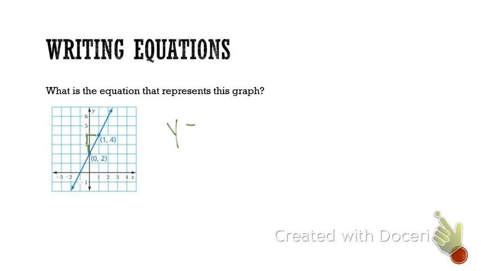So y equals 2 over 1 x, rise over run. And now how could you find your y-intercept? Where does the line cross the y-axis? It crosses the y-axis at a y value of 2, so plus 2. That's it. It's going to give you a graph on the test and you write your equation.